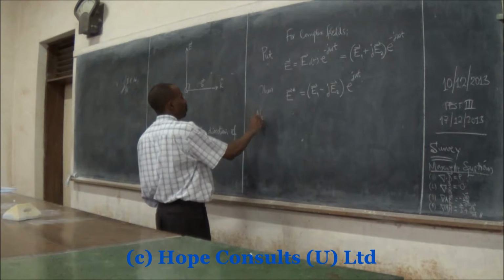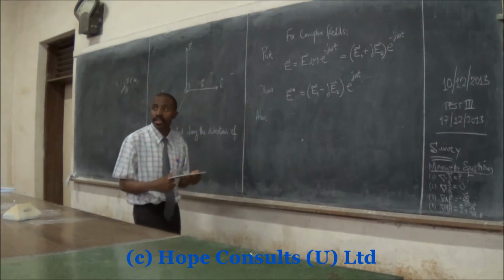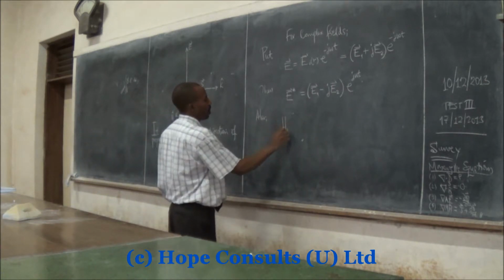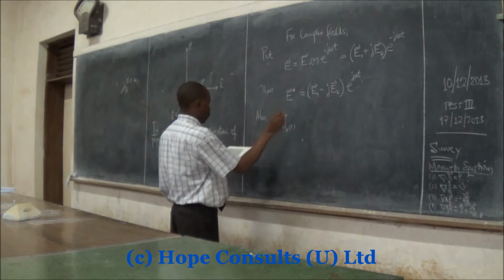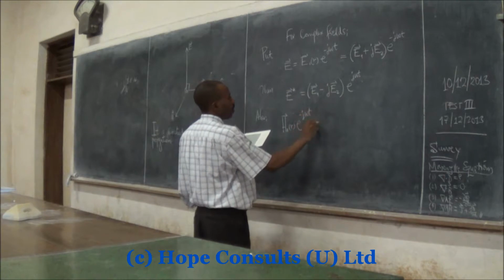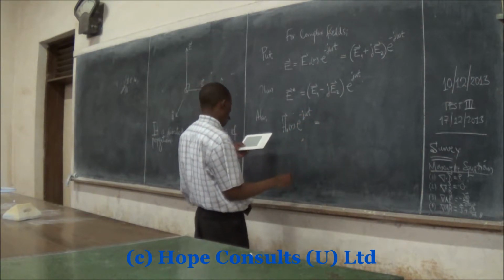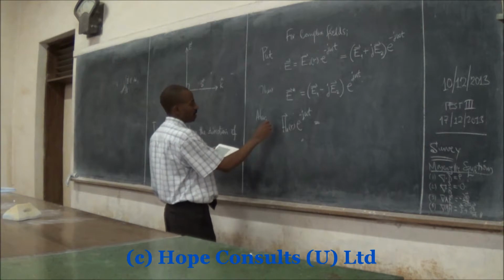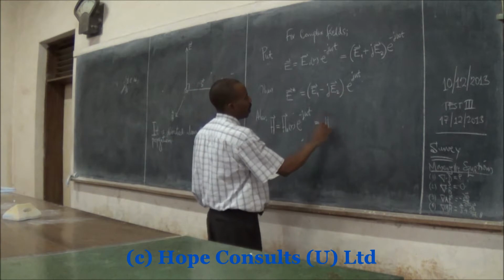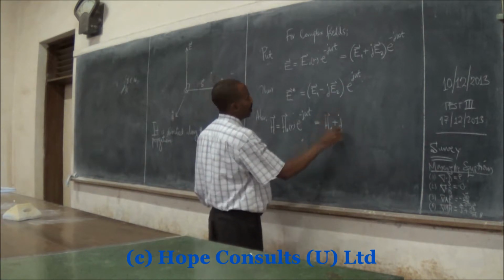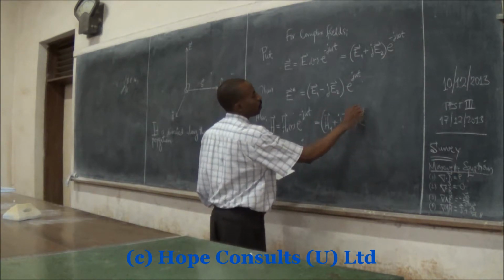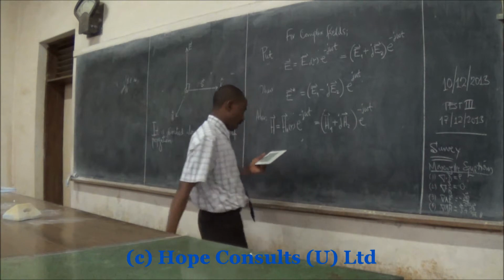Also, if we do the same for the other field, which is the H, we would have that our H naught of R, exponential minus j omega t, would be equal to H1 plus j H2 into exponential minus j omega t.